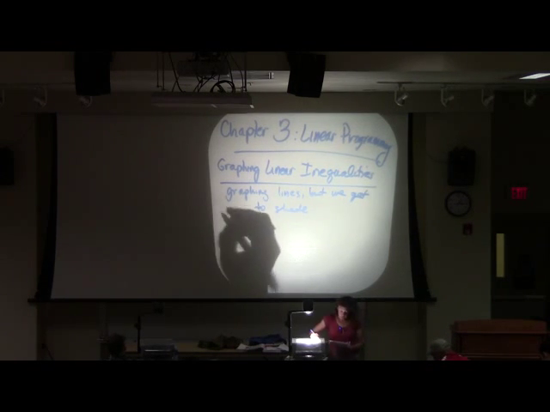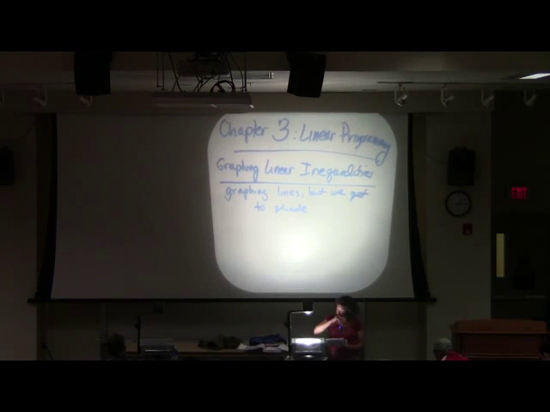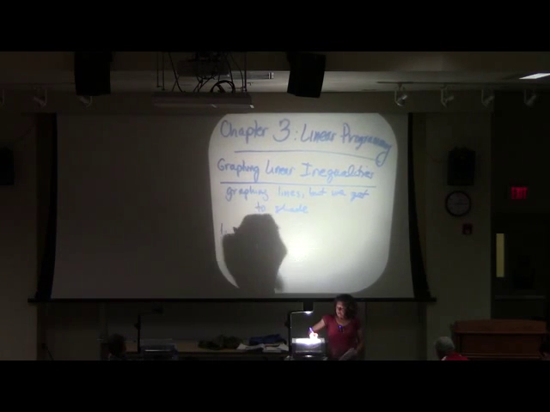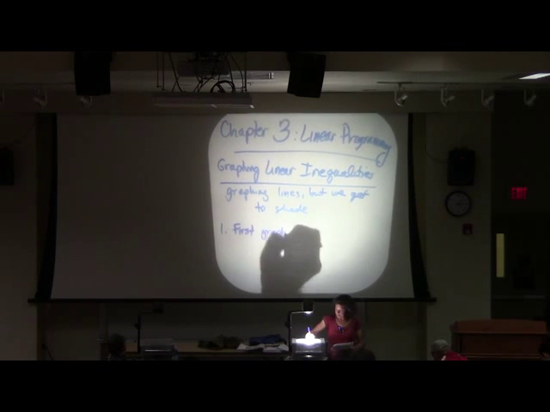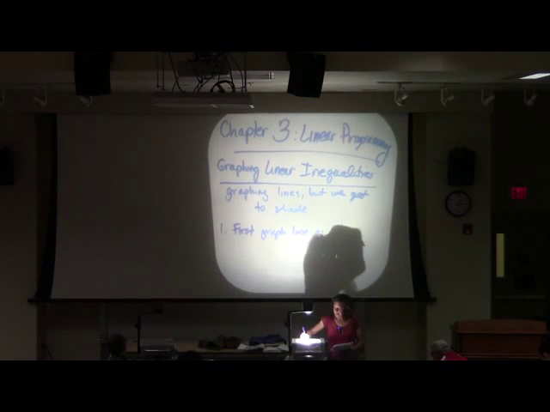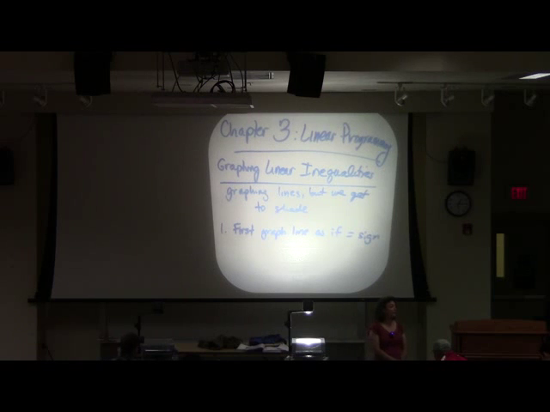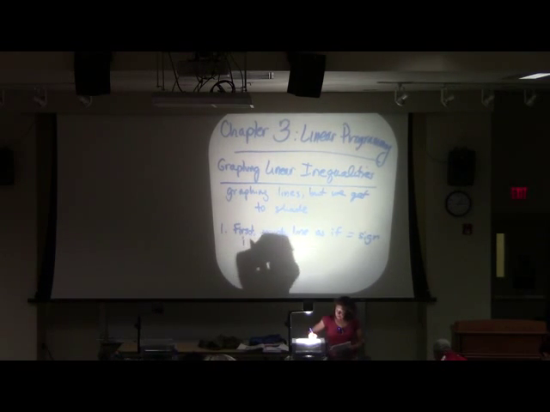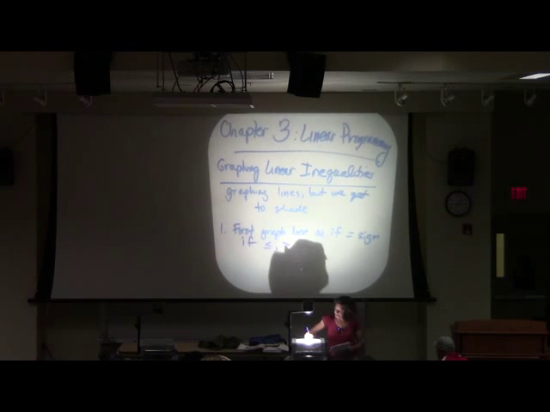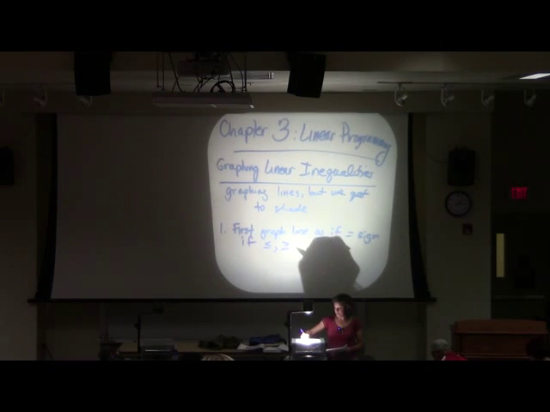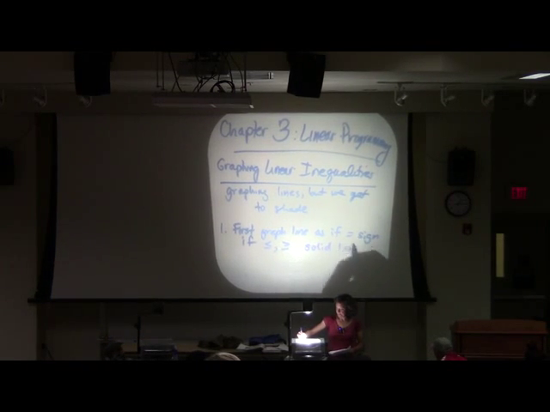What we will do is first graph the line as if there's an equal sign. We'll just pretend it's a regular old line. However, if it's got a less than or equal to or a greater than or equal to sign, you're going to graph it with a solid line.